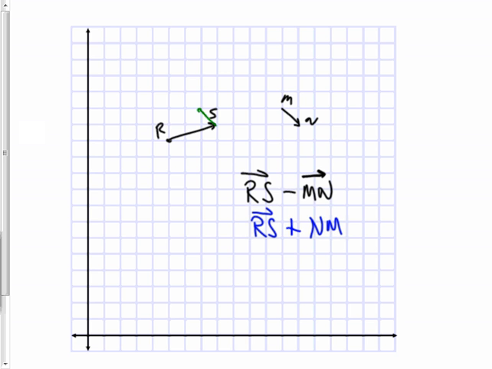So when I say 2RS, I'm doubling RS's length, but not messing with its direction. So do you get that would be 2RS? Okay, and then if I'm going to add MN, just go like that. Boom. And the resultant will be that then. That make sense?